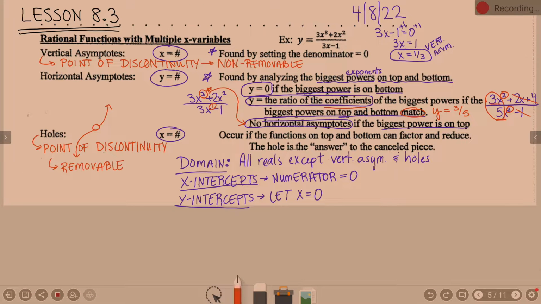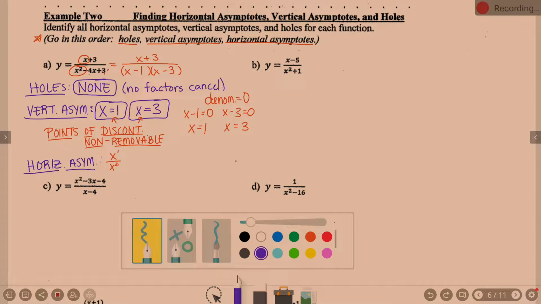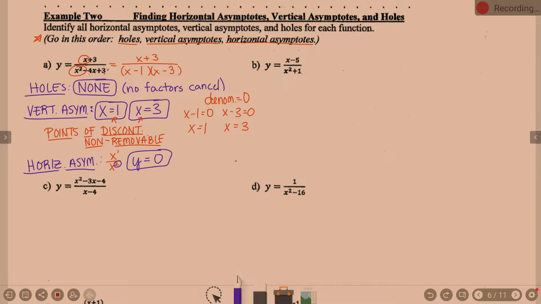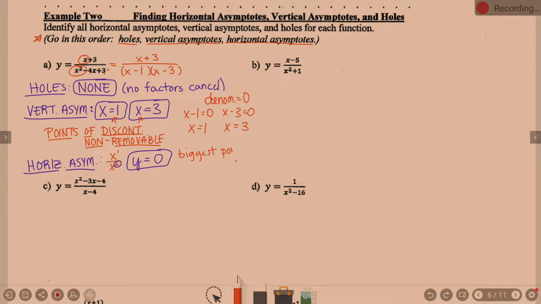Biggest power on bottom, y equals 0. And don't be afraid to write yourself a reason in your notes. I'm writing it right here. Biggest power on bottom.